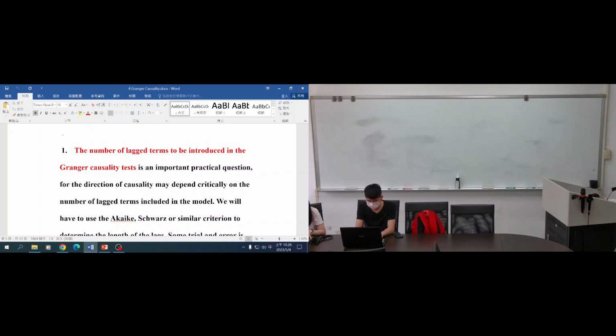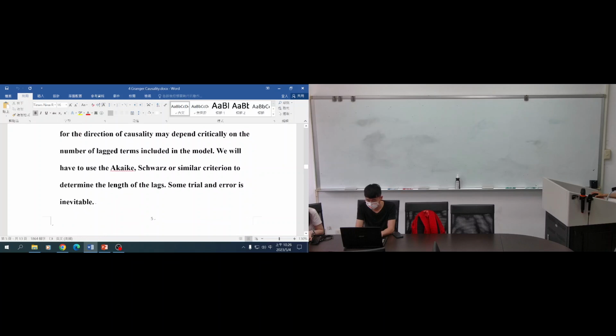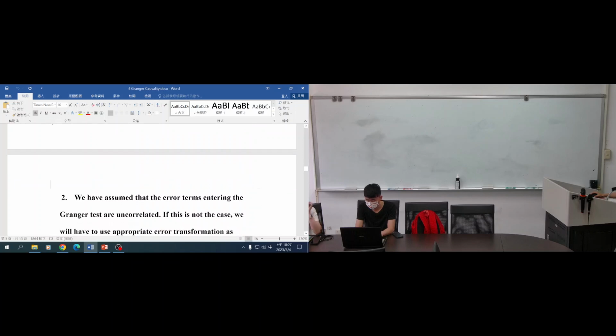So the P lags, how many lags do you have to use? Maybe you need to have some theory as a foundation to support the lag terms you choose. And of course, how do we choose that number of lags? We can use Akaike, Schwarz, or a similar criterion. We will talk about that later on. This is the first one.